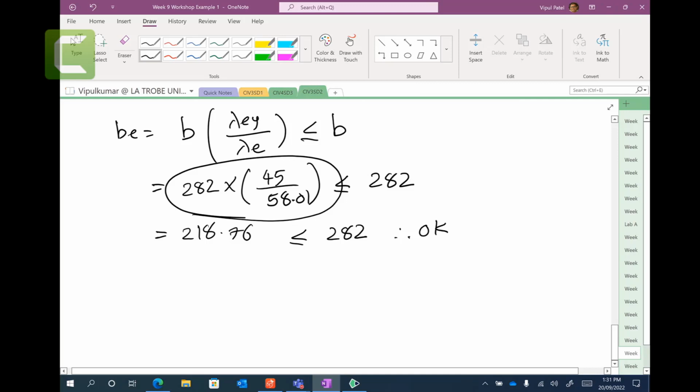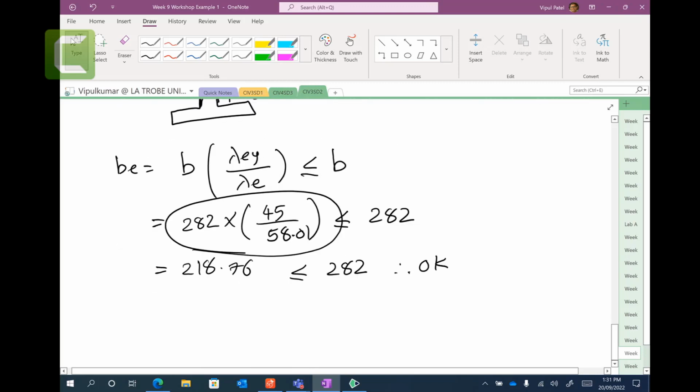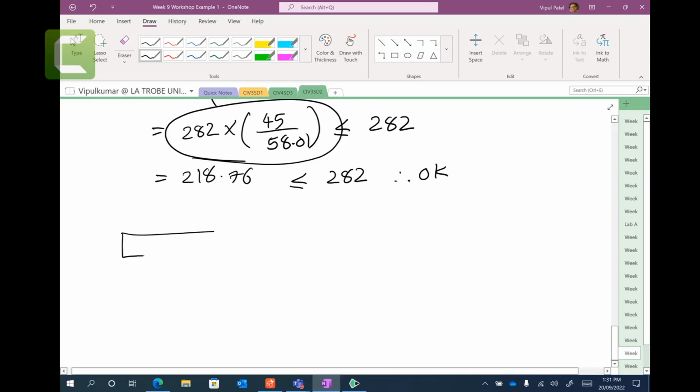Then we continue. So effective width here that you get combined of this one is 281.1. So let's calculate the ineffective area, because ineffective area in the sense that this is ineffective area.